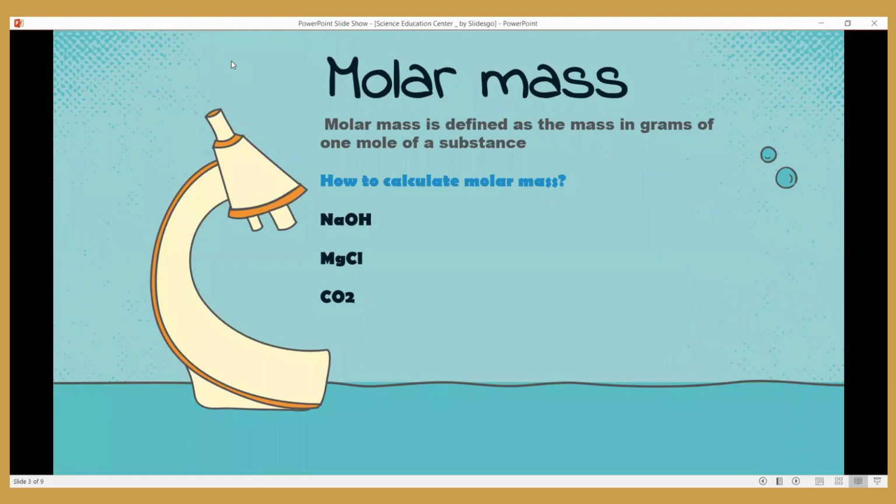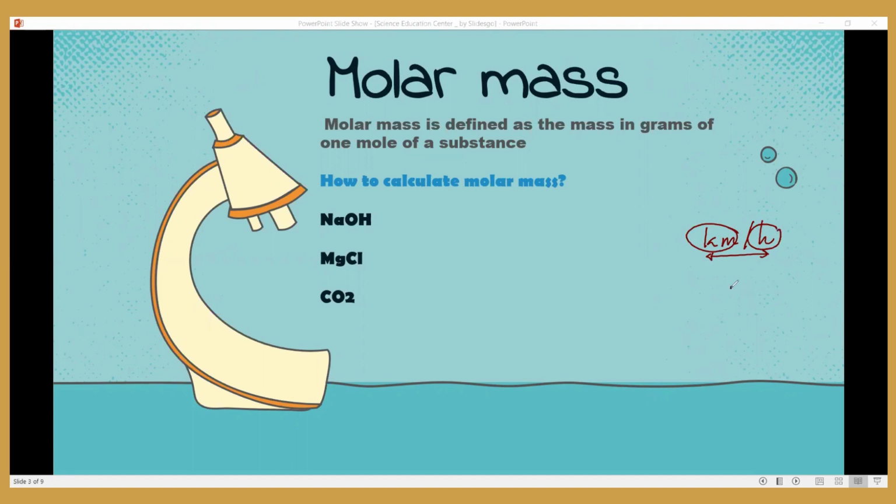In mole concept, we have another important topic called molar mass, and let's have a look at it. It is defined as the mass in grams of 1 mole of a substance. For example, when we study speed, the unit given is kilometer per hour, which tells us how many kilometers we travel within 1 hour.